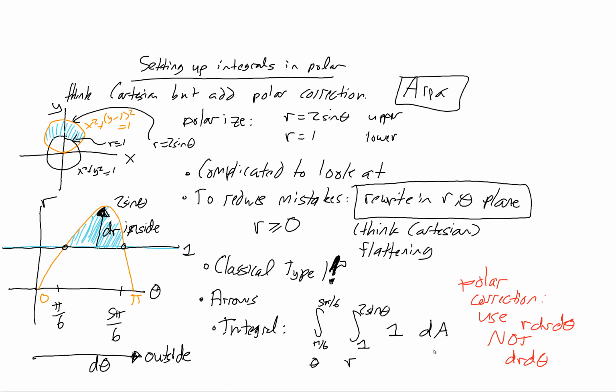So we're going to replace dA with r dr d theta, and I'm just going to spread these out to make sure that this is the inside and this is the outside. So theta is on the outside and r dr is going to be on the inside. Okay, so that's our integral, which I'm just going to rewrite on the next page. And then we will put the limits as before.